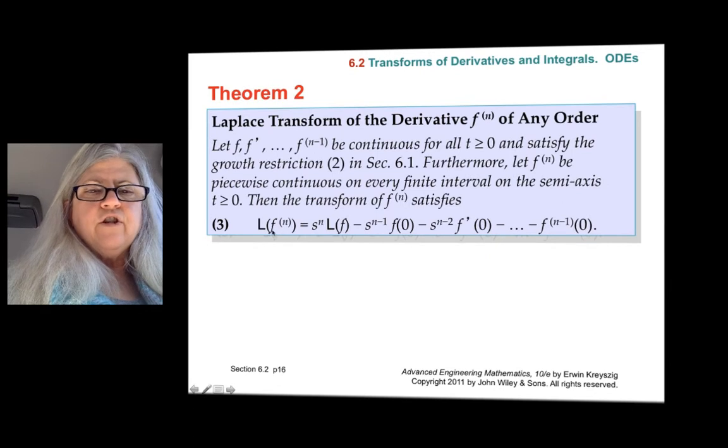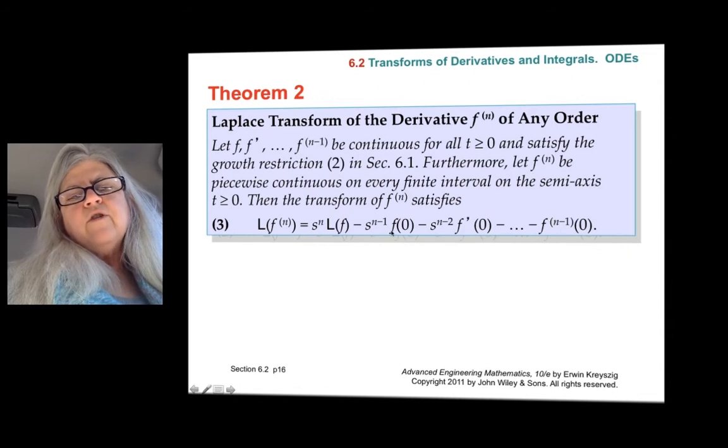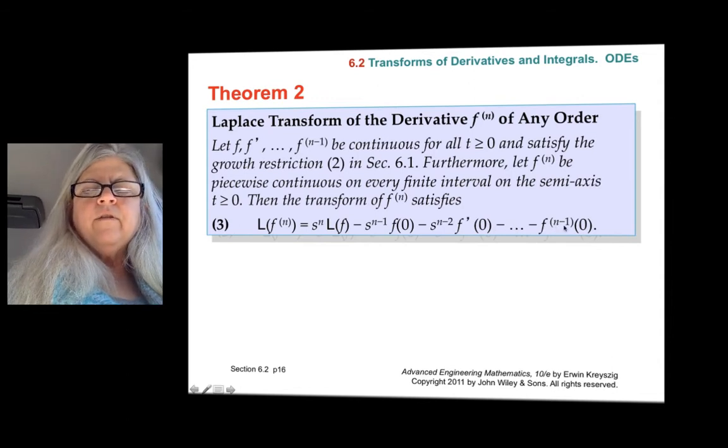So when we look at the general form of the nth derivative of the function f, the Laplace transform of that is s to the n times the Laplace transform of f, and then minus decreasing powers of s times initial conditions on the function, its first derivative, its second derivative, and so on until you reach the n minus 1 derivative.